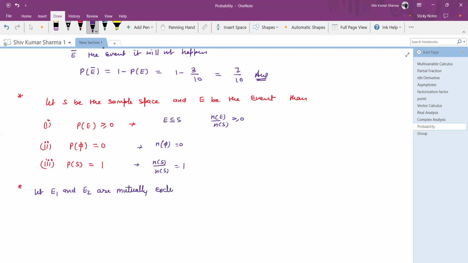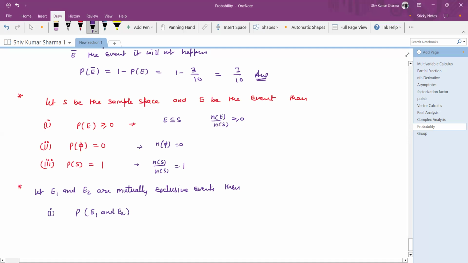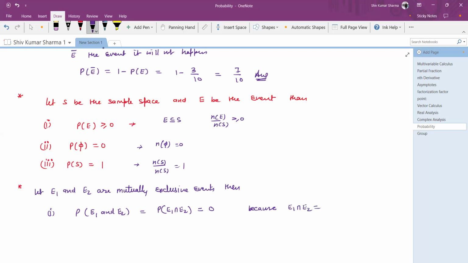Then, first part, the probability of events E1 and E2, that is, the probability of E1 intersection E2, will always equal 0, because when two events are mutually exclusive, it means that E1 intersection E2 equals phi.